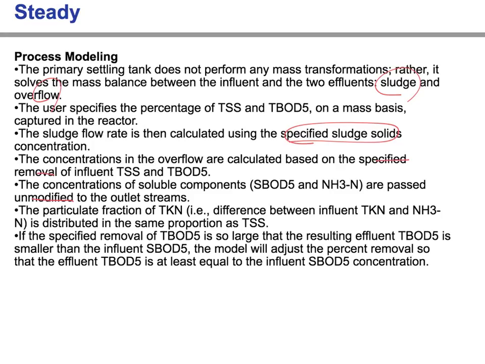If the specified removal of TBOD5 is so large that the resulting effluent TBOD5 is smaller than the influent SBOD5, the model will adjust the percent removal so that the effluent TBOD5 is at least equal to the influent soluble BOD5 concentration.